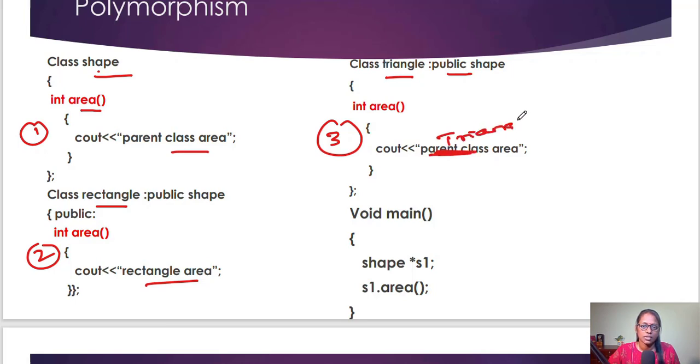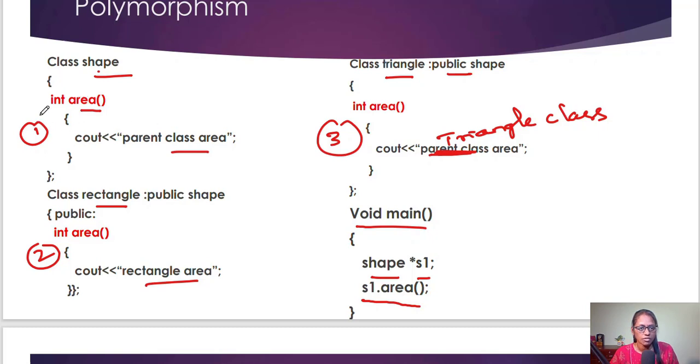Now I call the void main function. From here the process starts. Shape star s1. So for this shape I created an object s1. Now I call s1 dot area. Which function will be called? Either this or this or this.